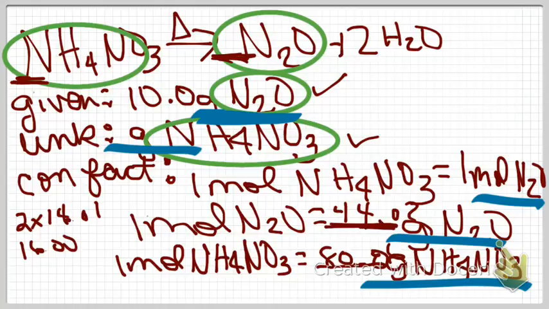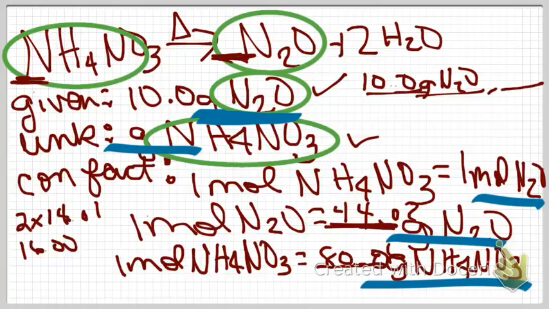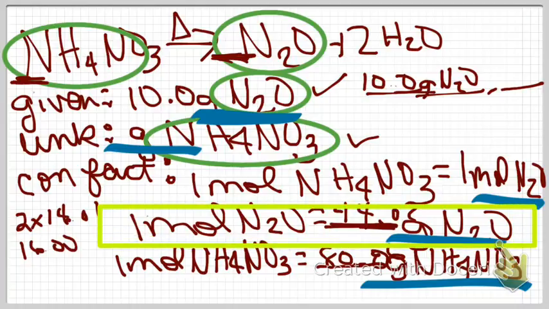So you're going to say 10.0 grams of N2O. Since we have grams of N2O on top, we're going to put our grams of N2O on the bottom, which is this conversion. It's not the first one that we wrote, but it's the first one that we're going to use because it has the right units. Okay? You see how that works.